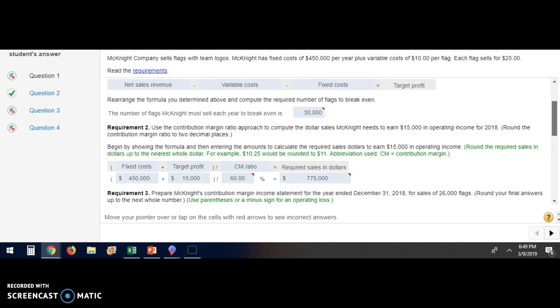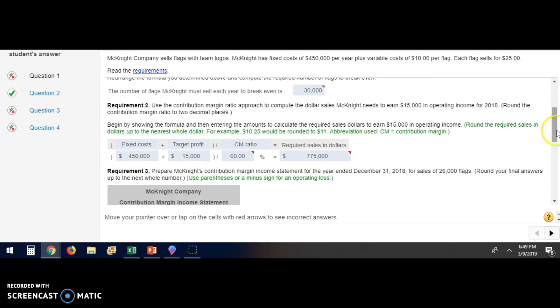The next thing it says is use the contribution margin ratio approach to compute the dollar sales. So we know fixed costs. Now our target profit is $15,000. We already calculated the contribution margin ratio. Remember, the contribution margin is the sales price minus the variable cost.